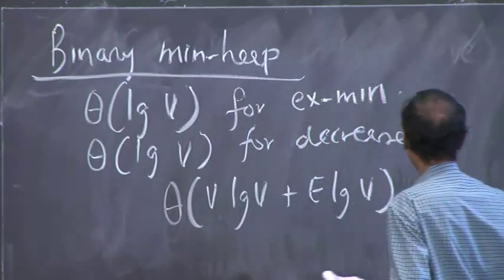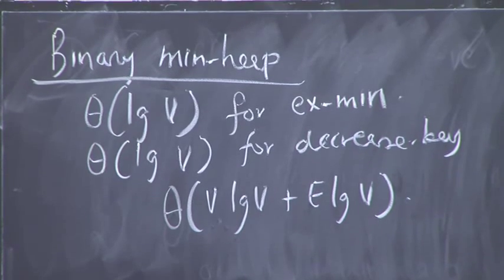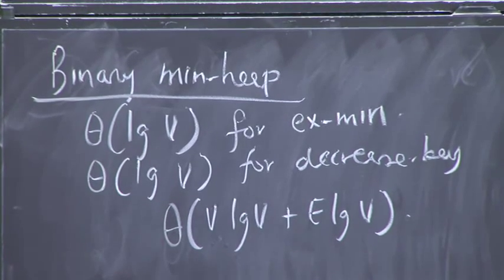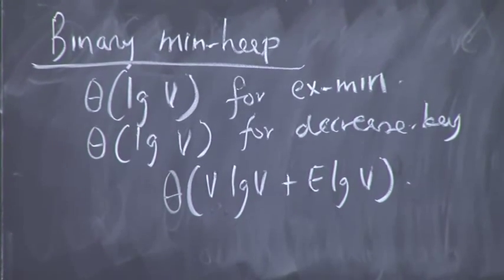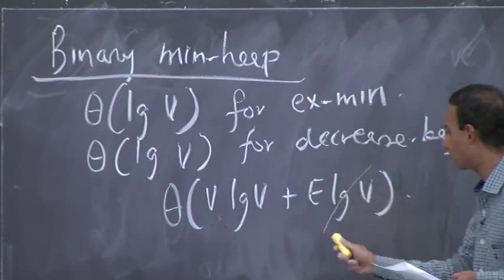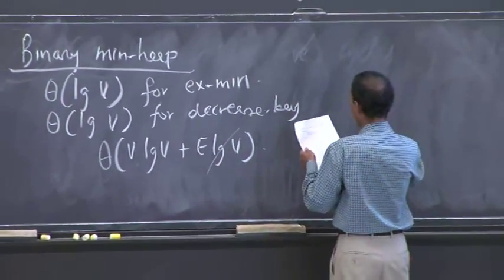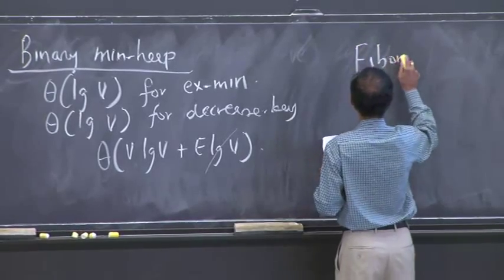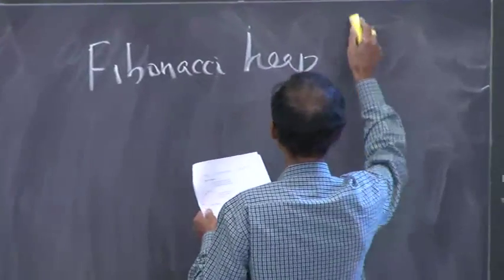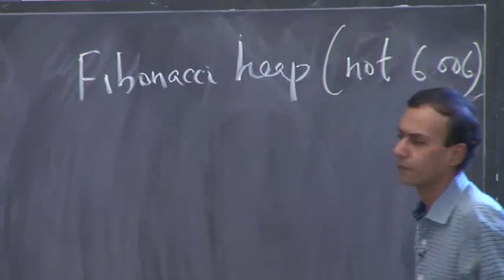Okay? And this is not quite the complexity that I put up, as some of you may remember last time. This is not the optimum complexity of Dijkstra, or an optimal complexity of Dijkstra. You can actually improve on this by using a data structure that we won't talk about in 006, but you can read about. It's not 6006 level material. You're not responsible for this in 006, but it's called a Fibonacci heap.